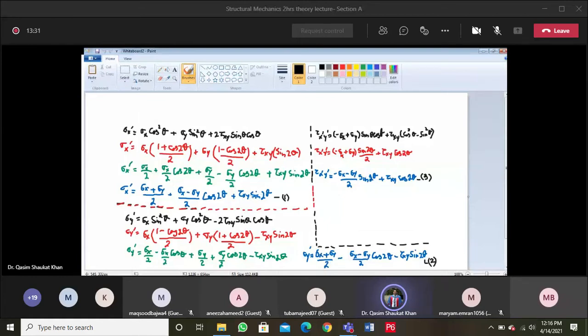So these three equations, equation 1 for sigma x dash, equation 2 for sigma y dash, equation 3 for tau x dash y dash, are my main equations for the calculation of the transform normal and the shear stresses.